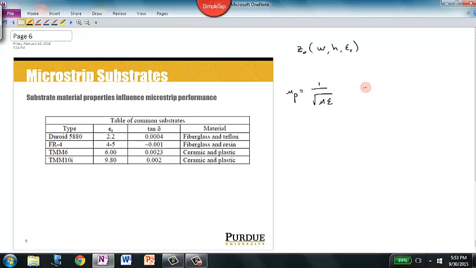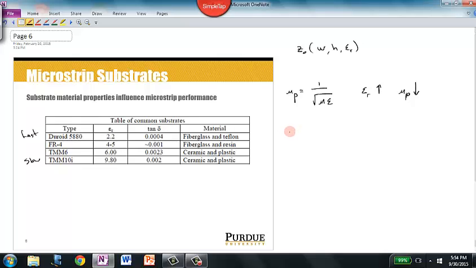So in this formula, as epsilon r increases, as this number goes up, since it's in the denominator of the fraction, propagation velocity is going to go down. So signals are fast in Duroid and they're slow in TMM10i, right?